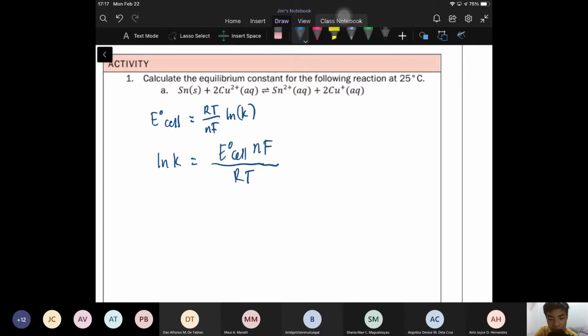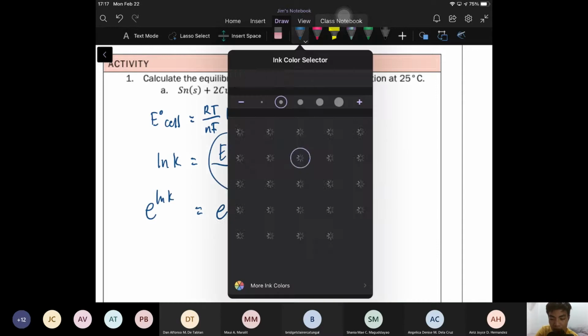Then, since we are solving for K, you take the exponential of the equation. So when I say you take the exponential of the equation, you exponentiate the two parts of the equation, yung left side and yung right side. Paano yun, sir? Ganito lang. E raised to ln K, then E raised to whatever this fraction is.